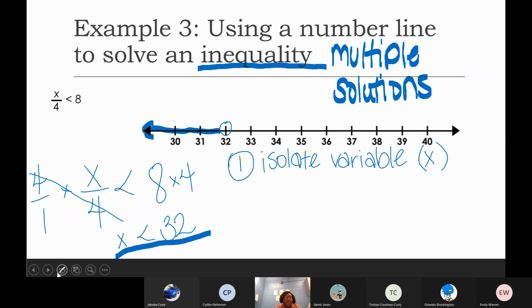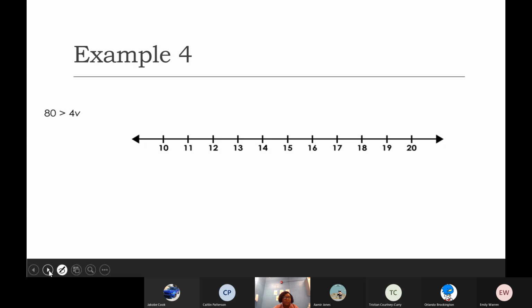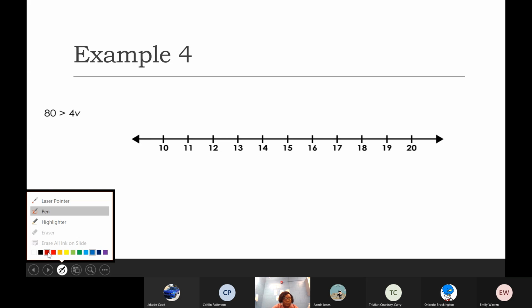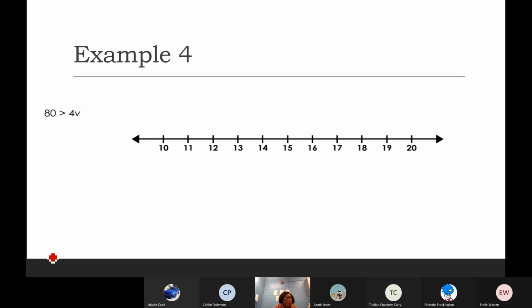Okay, so let's go on to example 4. So let's write example 4 today. And this time I'll use dark red. Over on the side, go ahead and take some time to draw this, please. We have 80 is greater than 4 times V. Remember, whenever I have my coefficient beside my variable, that means I'm multiplying here.